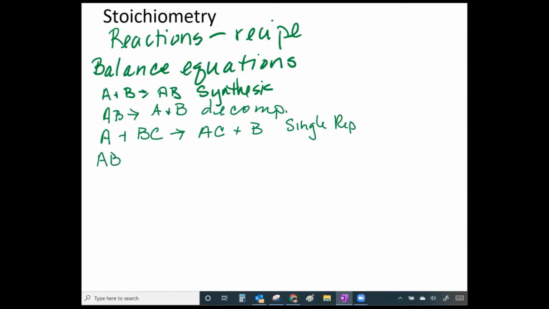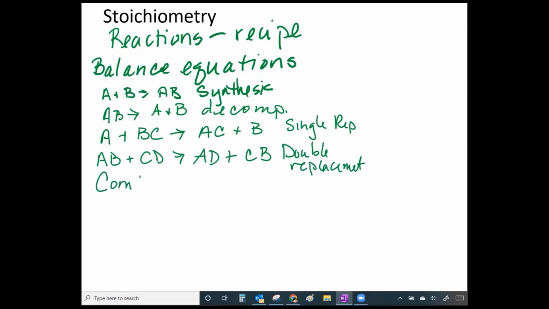And a double replacement is when you have two ionic compounds switching places. These are solubility problems. The last one is combustion.